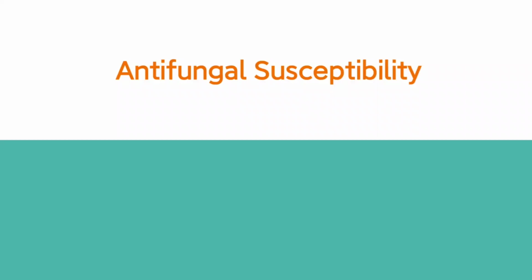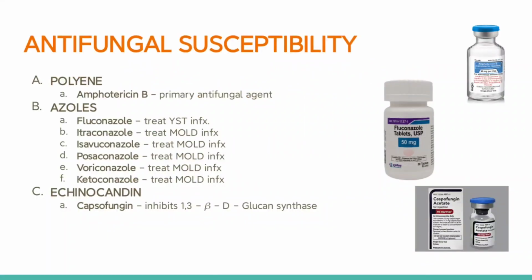And next, we have the antifungal susceptibility. So, we have 3 different antifungal drug groups, no? So we have the polyene, azoles, tsaka echinocandin. For polyene, we have the amphotericin B. So this is the primary antifungal agent. Okay?